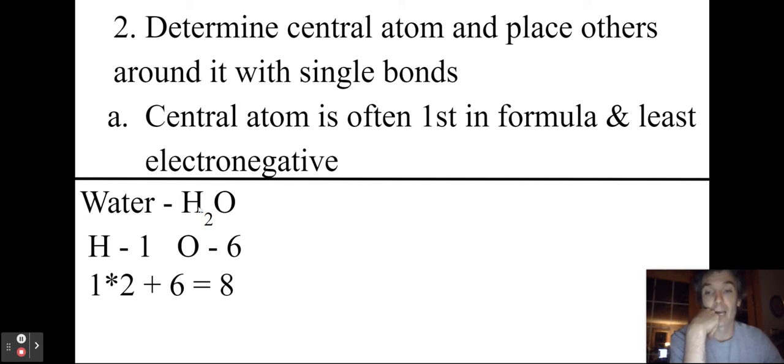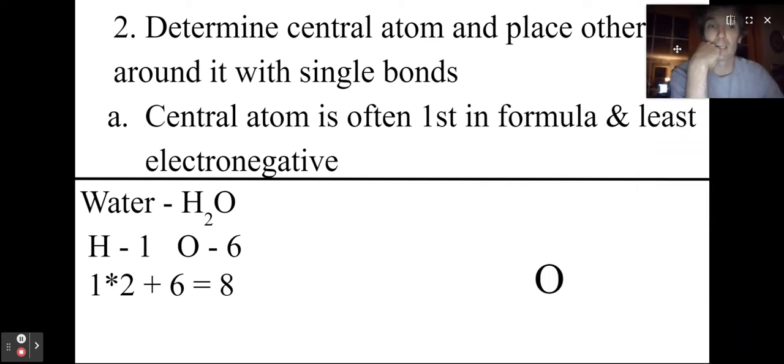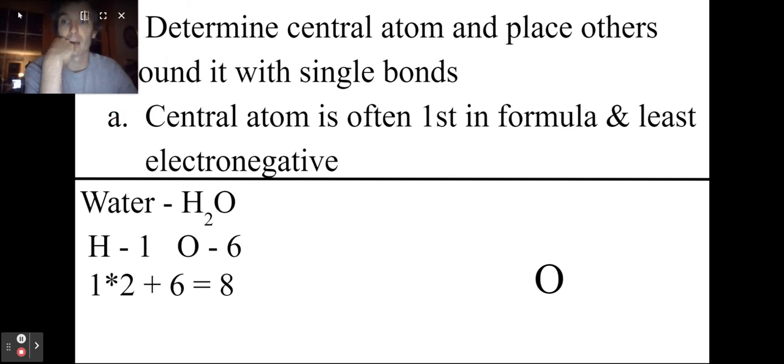It can never really be hydrogen because hydrogen can only make 1 bond. So in this case, it's going to be oxygen. And then you're going to place the other elements around it, the H's, and then add in single bonds, all right? And that's that step.